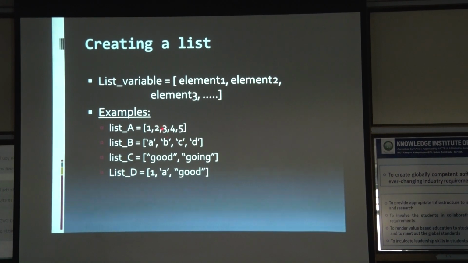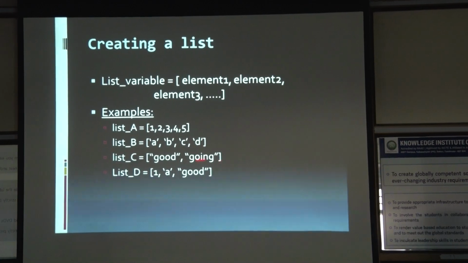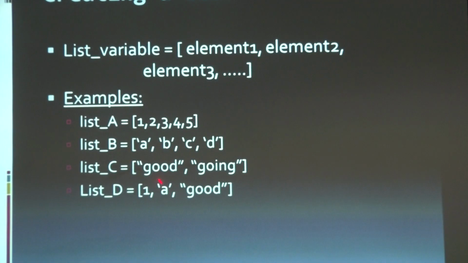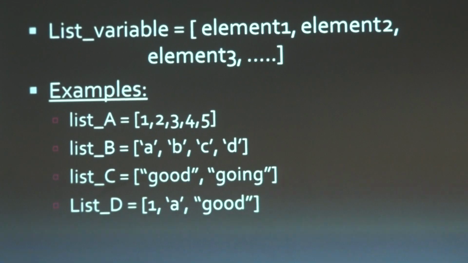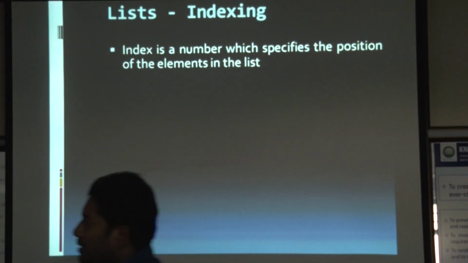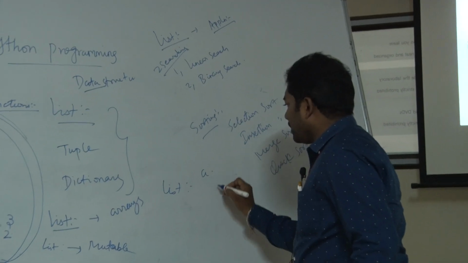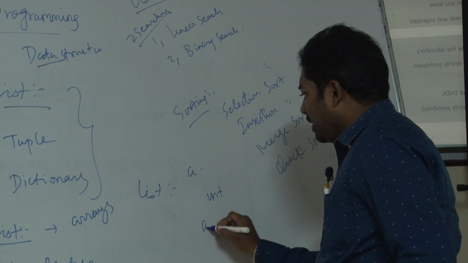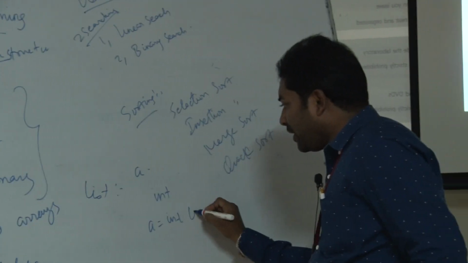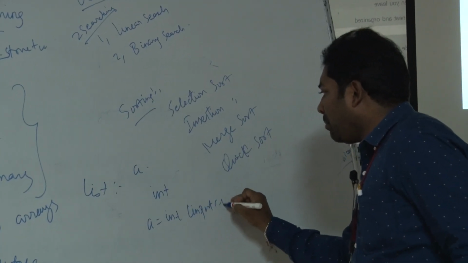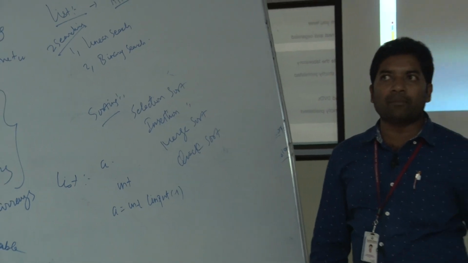I can declare a list with integers, characters, strings, and both characters as well as integers. So these are all the ways we can declare. Now the list index. For example, if we give A equal to int of input, how many values can we store in this variable?